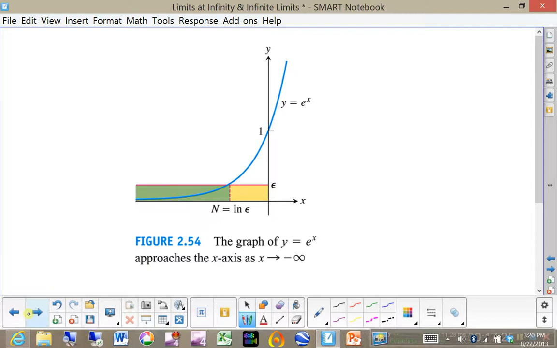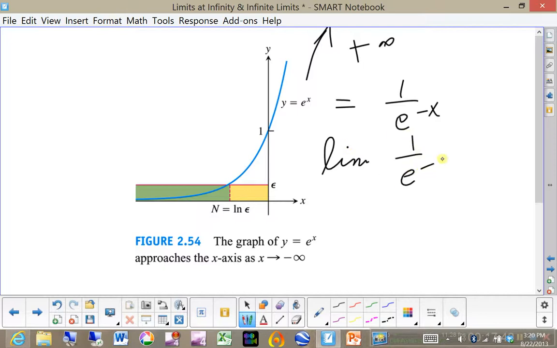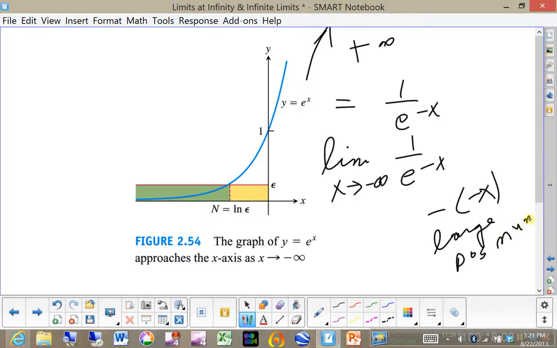Now we have the function y equals e to the x. E to the x goes to plus infinity as x gets larger, but we can write that as 1 over e to the minus x and see that the limit of 1 over e to the minus x as x approaches minus infinity, minus x is going to be a large positive number, and 1 divided by that is going to go to 0.